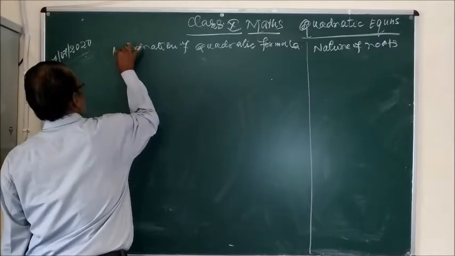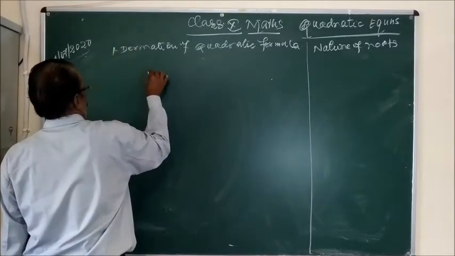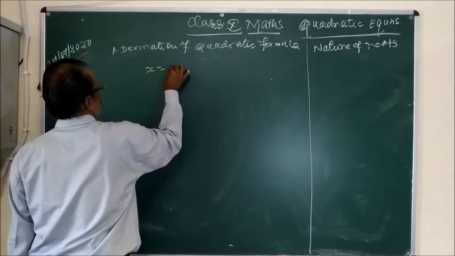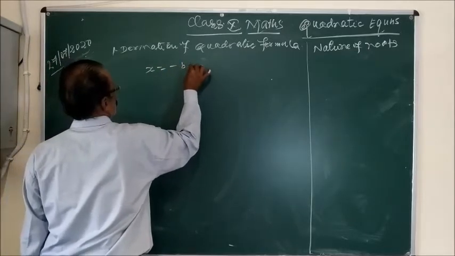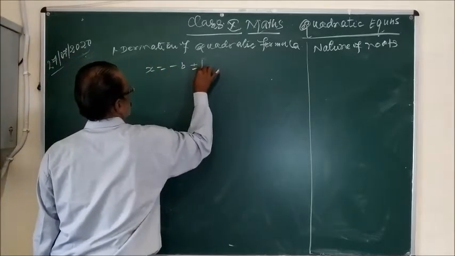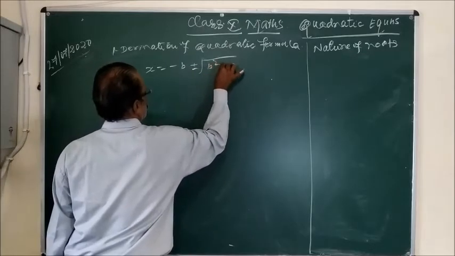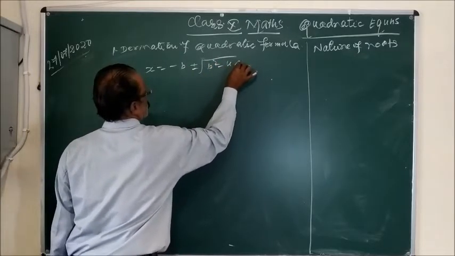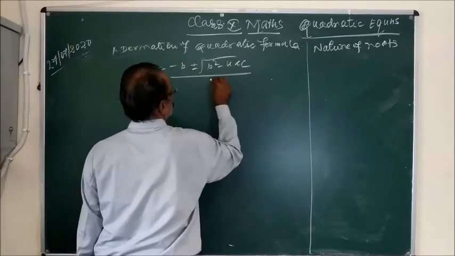My dear students, this is the quadratic formula: x is equal to minus b plus minus root b square minus 4ac upon 2a.